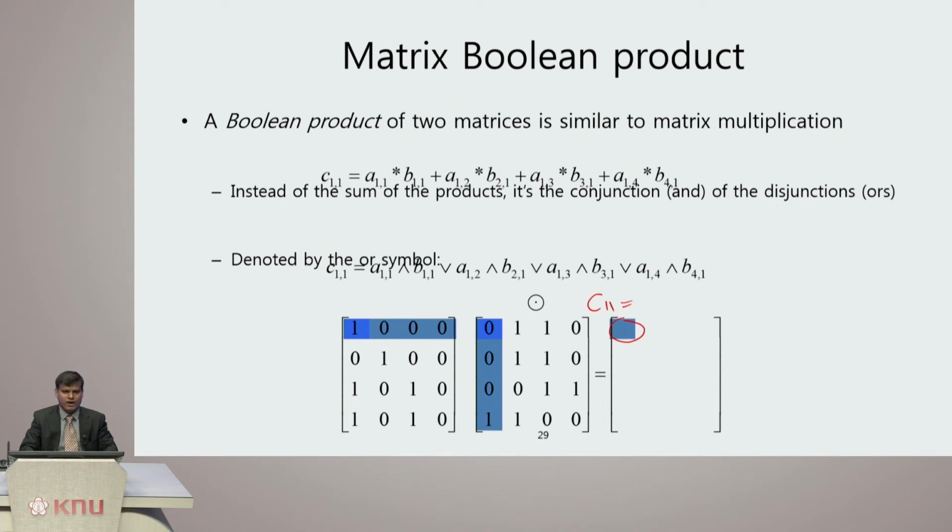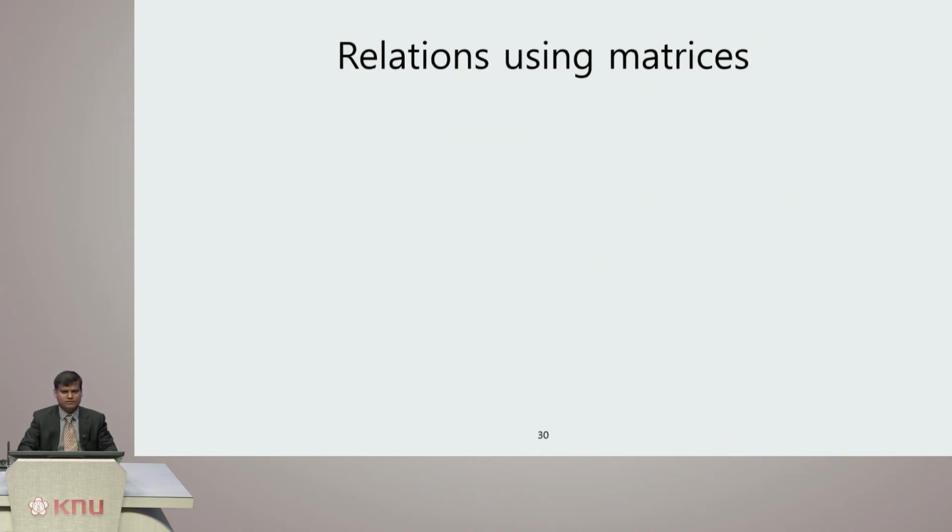You go from A11 and B11, then A12, B21, then A13, B31, A14 and B41. So using these operations, you can perform this, and likewise you can fill in the whole matrix. That's the product of this Boolean matrix.